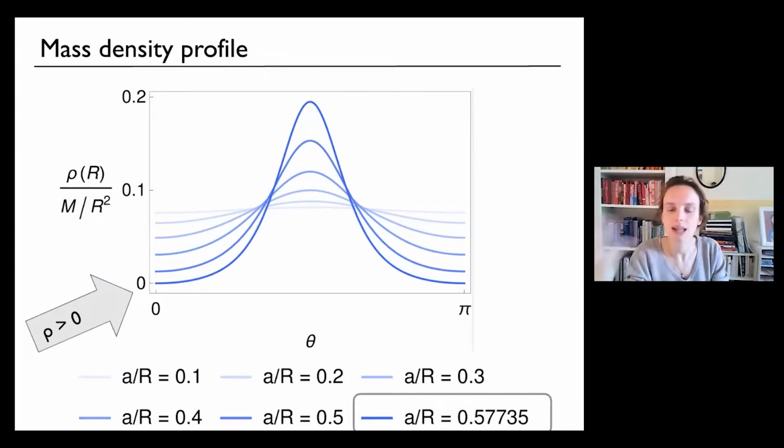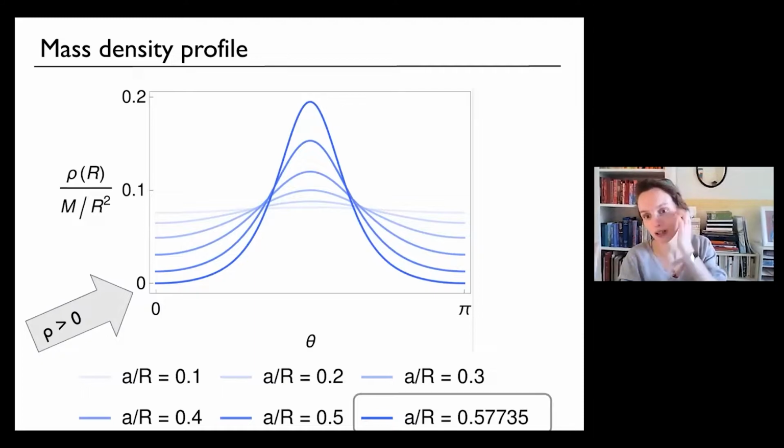And it's not so strange that at some point, if you push beyond it, your mass density profile will become negative, because that also pushes you into the relativistic regime. So at that point, you shouldn't really be working with the Newtonian model, but you should start incorporating post-Newtonian and relativistic corrections.